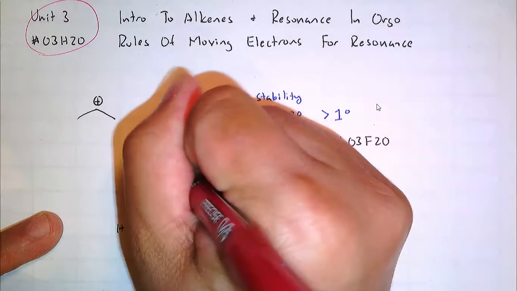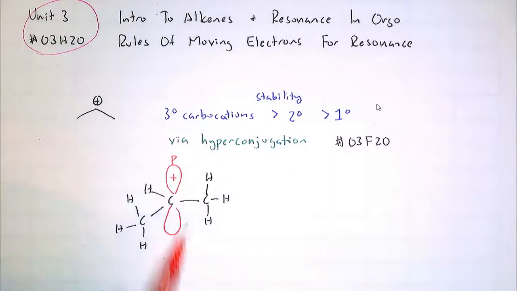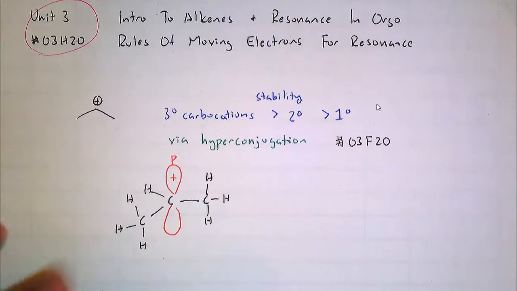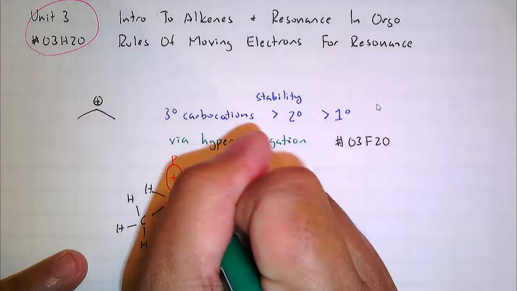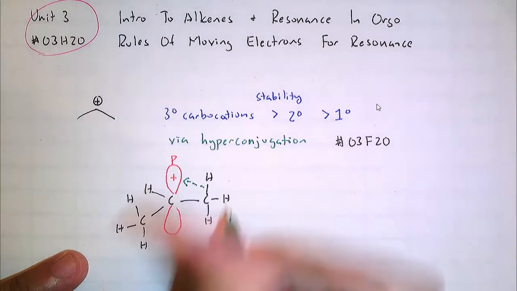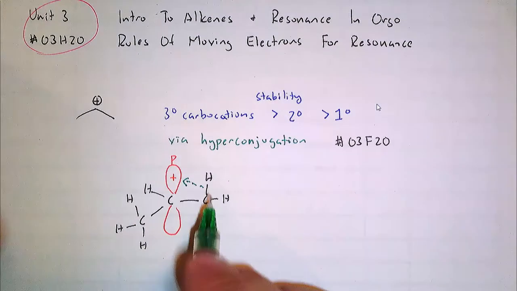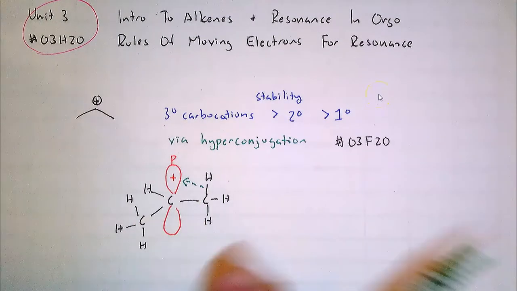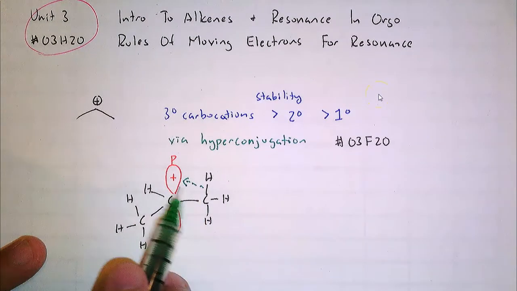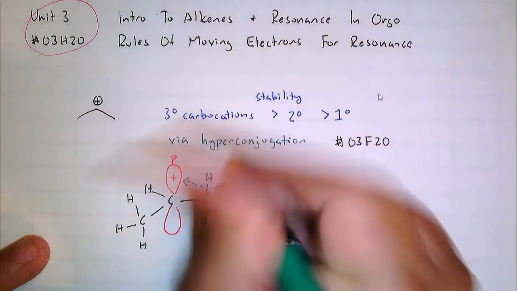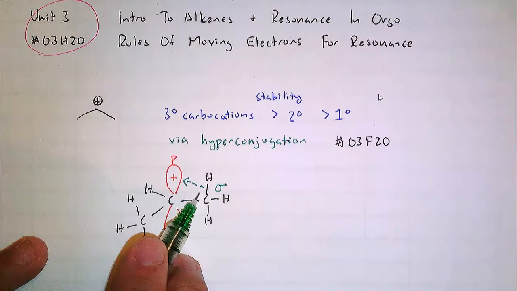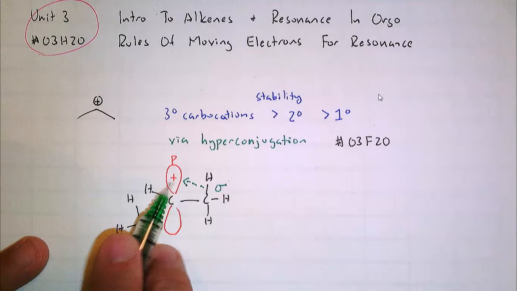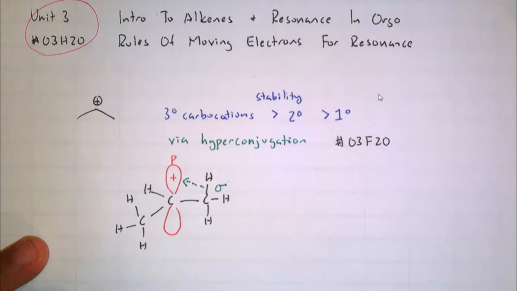In the p orbital, it's empty, so it can accept electrons. And we mentioned that hyperconjugation is the sharing. You're not really transferring electrons. You're not making a new bond. It's just sharing some electron density because of some overlap between the sigma and the p orbital. By sharing electron density with this empty p orbital, do you realize that we lower the plus charge? We make it less positive.